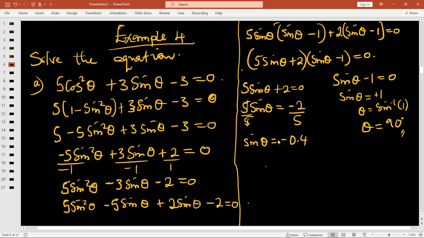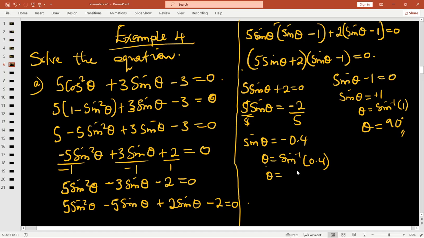Then now, since this sine theta is being equated to a negative number, it simply tells us that solutions are going to come from the quadrants where this function is negative. So we have theta equal to sine inverse of 0.4. We have 23.5 degrees there.